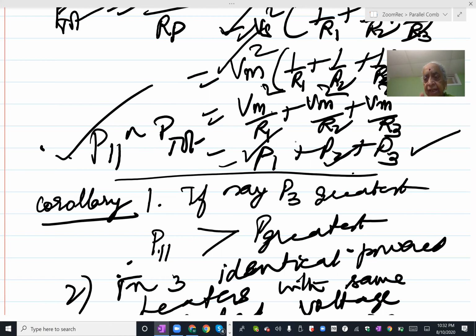And for three or more identical devices with the same marked power and same marked voltage, and hence the same resistance, if they are all connected in parallel, total power will be N times P each, where N is the number of devices and P each is the marked power of each of them. Just revise these two, and then we will do some problems in this.